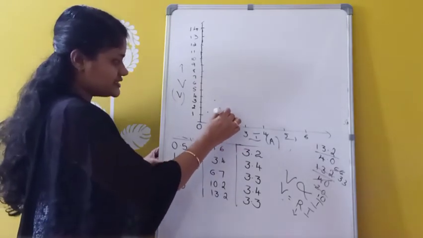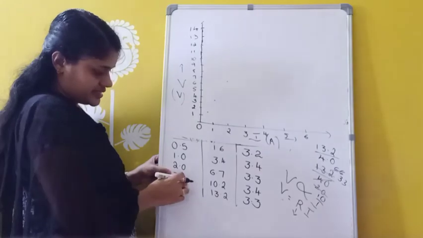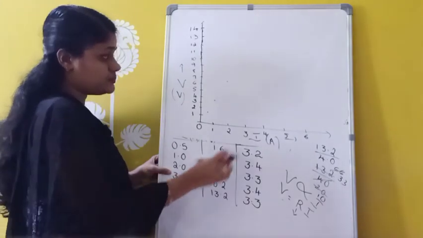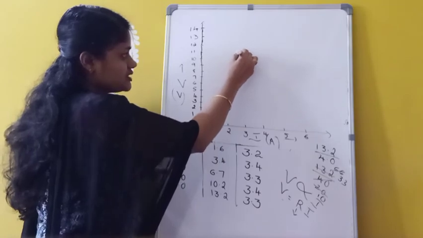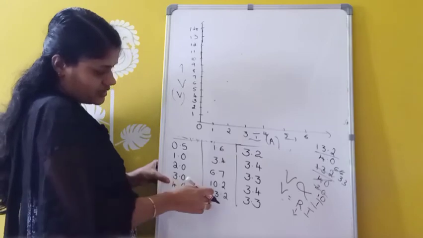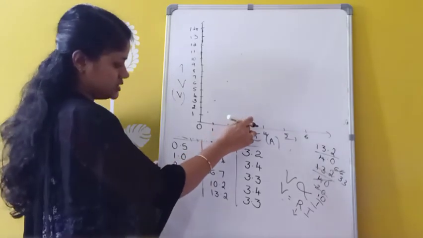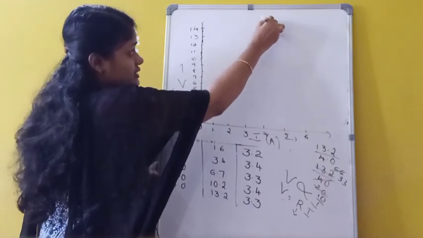Somewhere here it will come. Again when current is 3, what about potential difference? 10.2. So 3 and 10.2, somewhere here we will be getting. Then again when current is 4, what about potential difference? 13.2. So when current is 4, 13.2, somewhere here it will come.